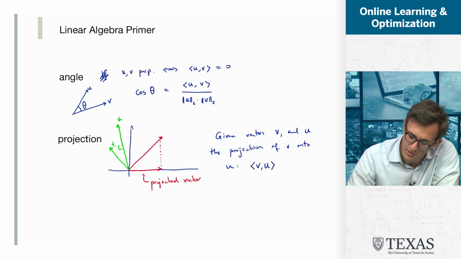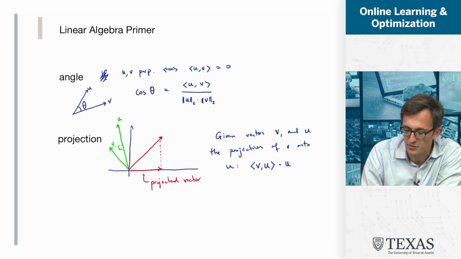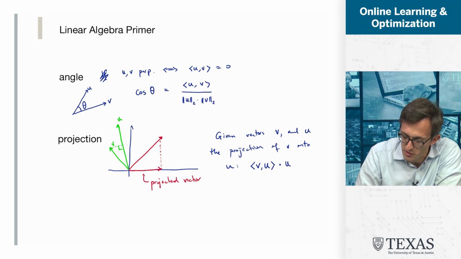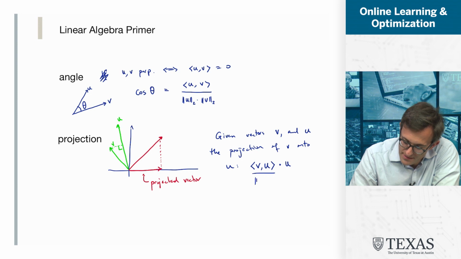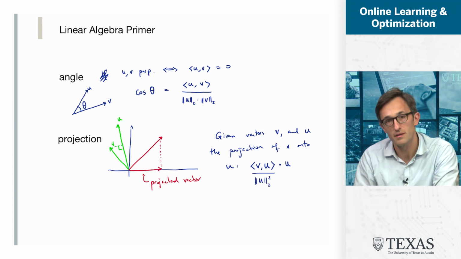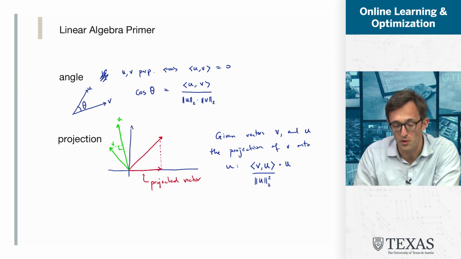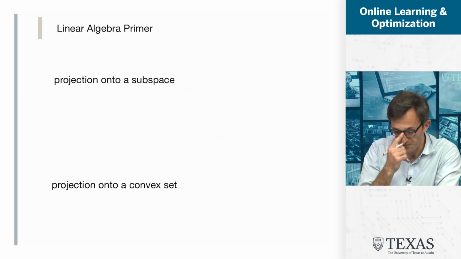So this is a number. But this projection shouldn't be influenced by how big u is. u is just a direction that I'm projecting onto. And you can see that I'm multiplying by u here twice, so I want to divide basically by the length squared of u. So this is how we define the projection of one vector onto another vector.